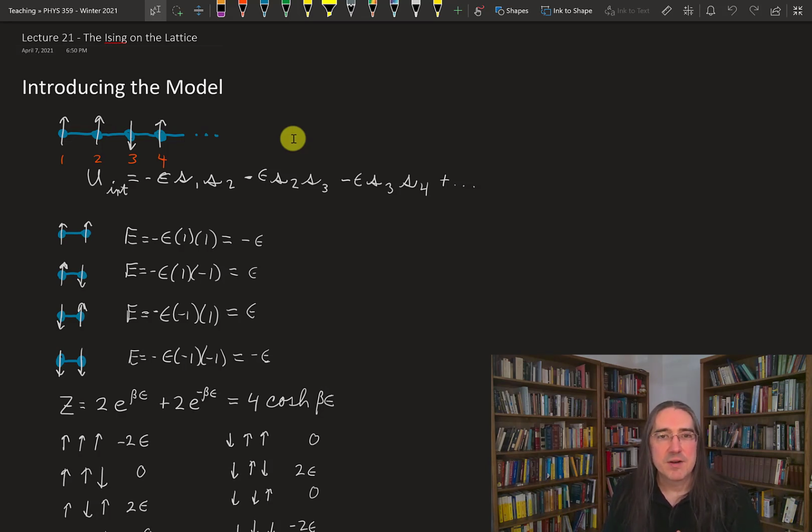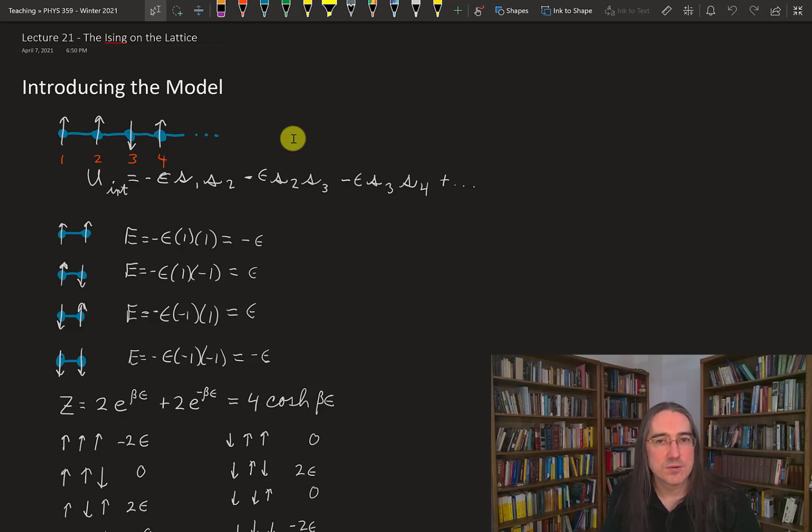But it's very hard for spins at one end of a chunk of material to communicate with spins at the other end. And so you get this local order. But if you don't have a global external magnetic field applied, that local order doesn't get to graduate to global order.